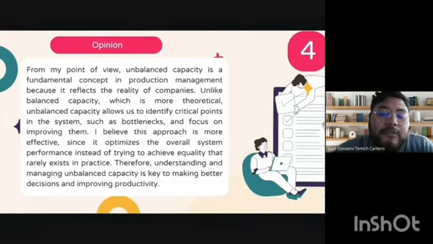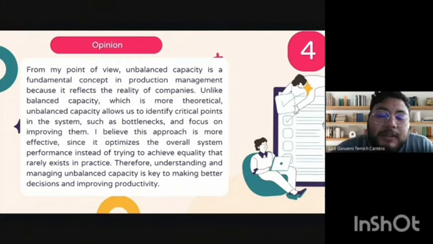From my point of view, unbalanced capacity is very important because it reflects what really happens in companies. Instead of treating every process equally, it is more effective to identify the bottlenecks and improve them. This approach helps companies make better decisions and improve productivity because it focuses on the most critical part of the system.